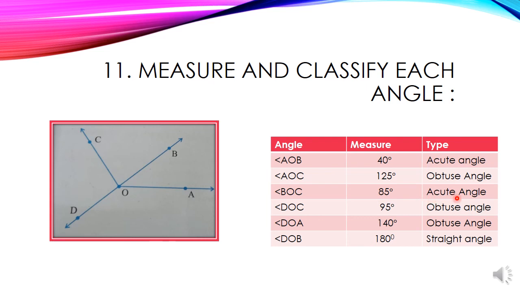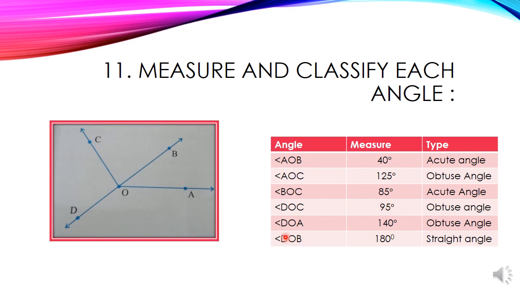And fourth angle is angle DOC. Children, keep OD arm along the protractor baseline and make 0 at the point D, and the second arm is OC. Take the reading and we get it is 95 degree. More than 90, so it is obtuse angle.